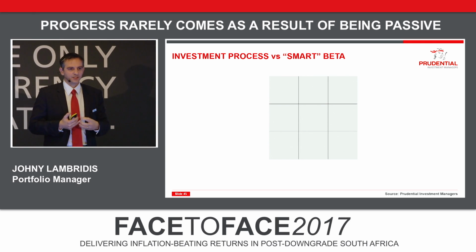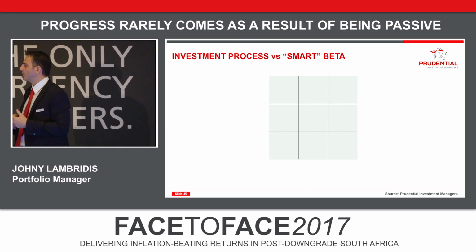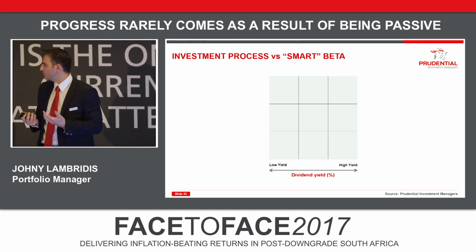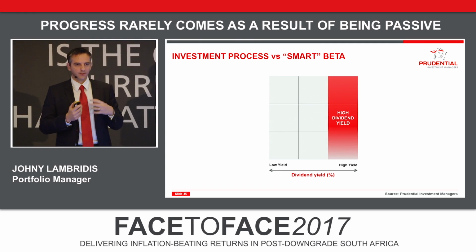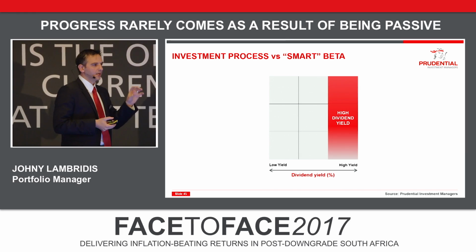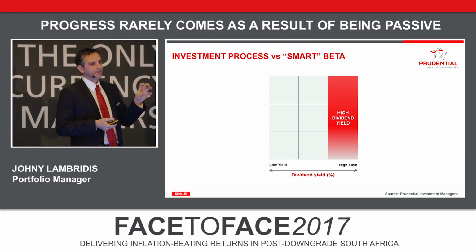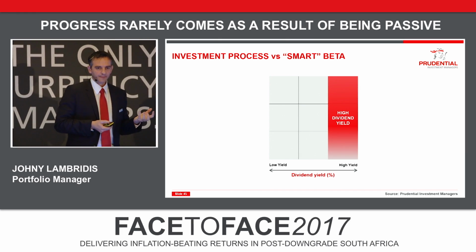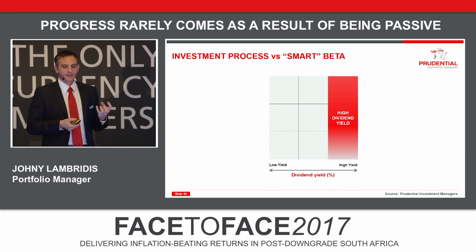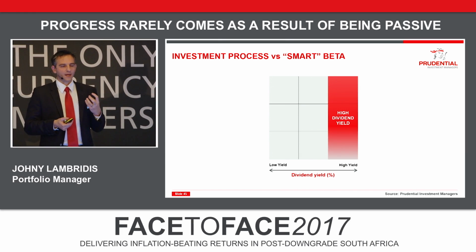You can have other factors that screen by PE, etc. And what we are going to look at is how our process compares to Divi Plus, which is the largest smart beta product in South Africa, which simply selects those companies with the highest dividend yield. This seems to make intuitive sense, but it is quite a narrow lens, in our view, through which to view the market.